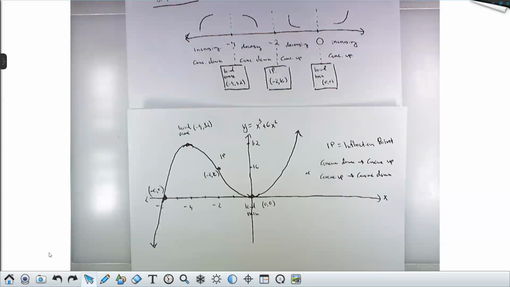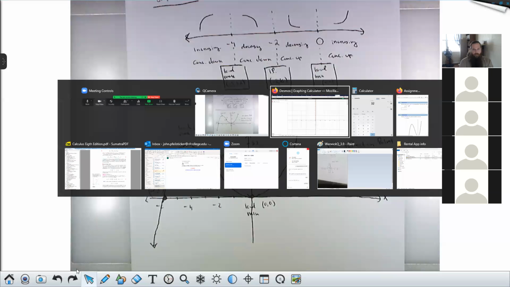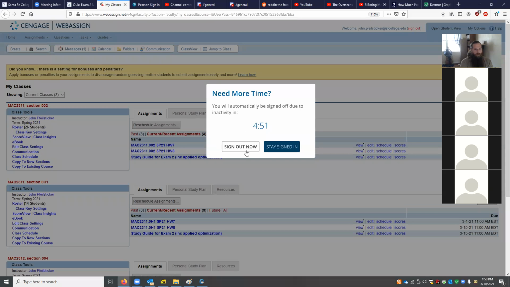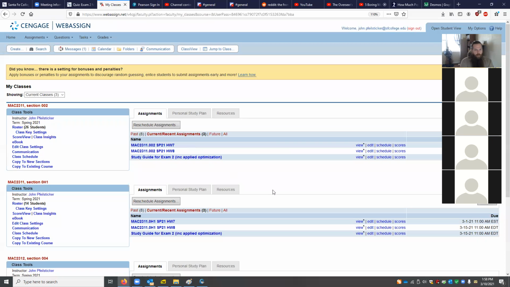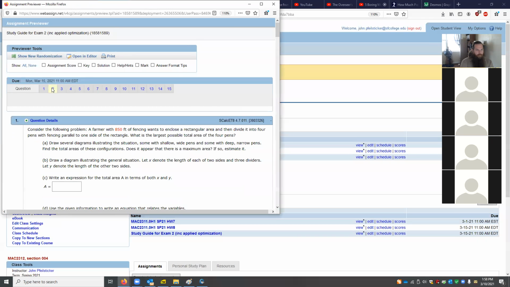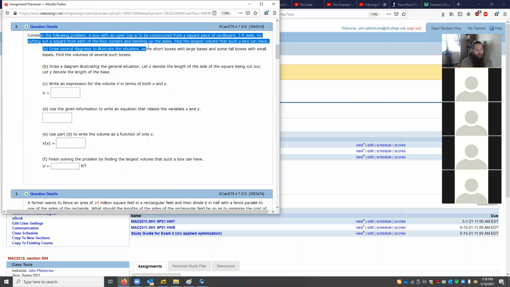Okay, let's take a look. So consider the following problem. A box with an open top is constructed from a square piece of cardboard 3 feet wide.